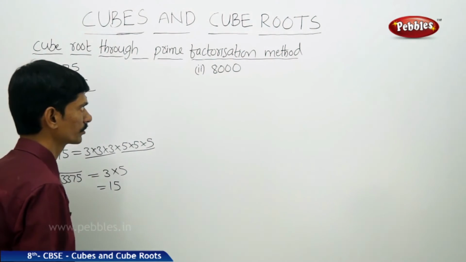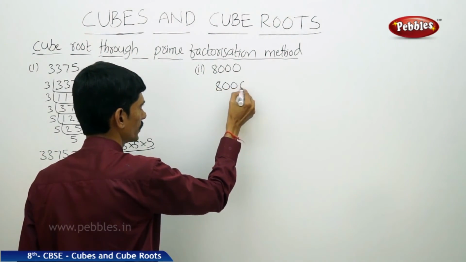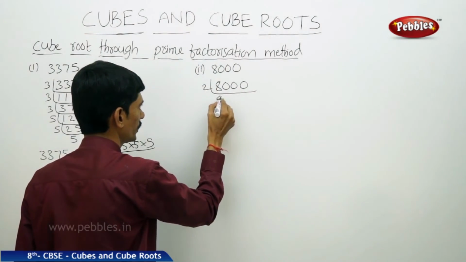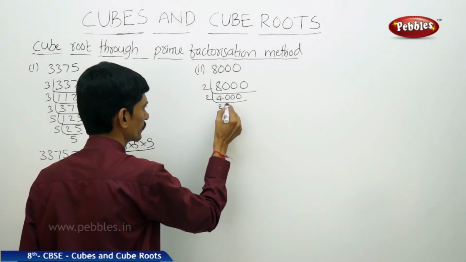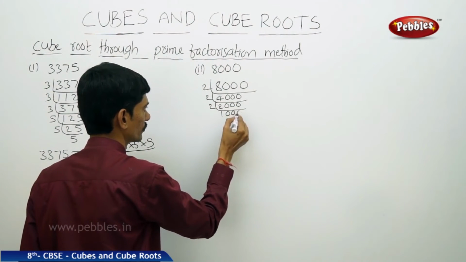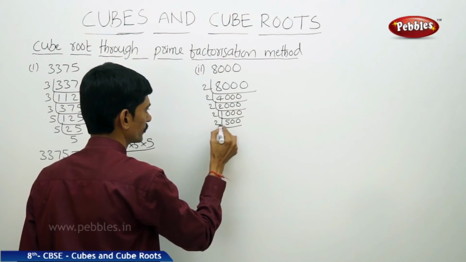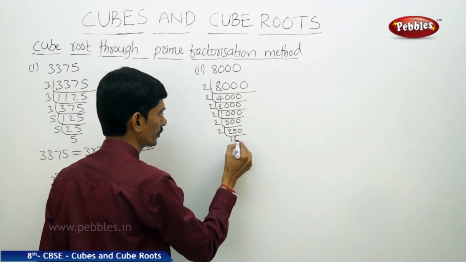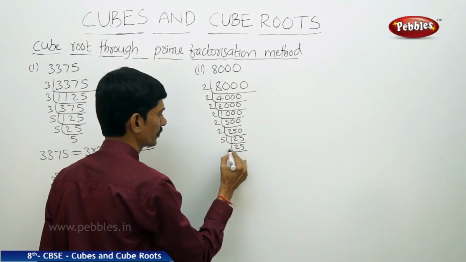Now let us find the cube root of 8000. So we will factorize 8000. 2 table, 2 4s are 8, 3 zeros, 2 2s are 4, 3 zeros, again 2 1s are 2, 2 500s are 1000, 2 250s are 500, 2 125s, 5 25s, again 5 5s.